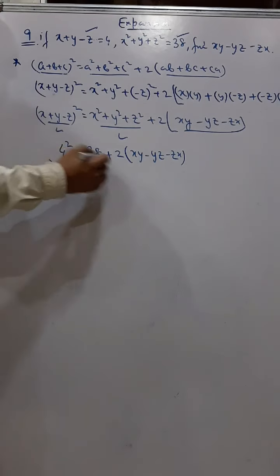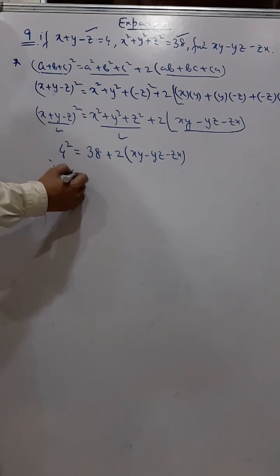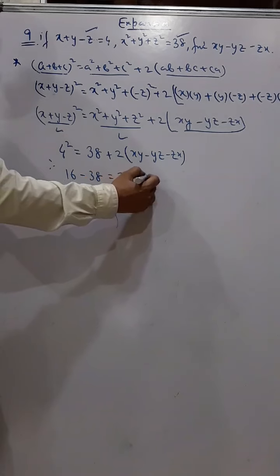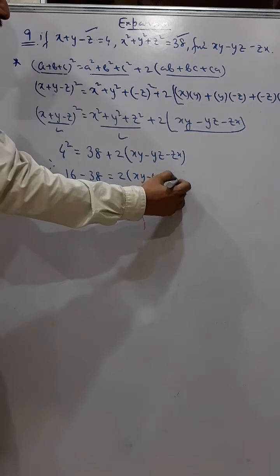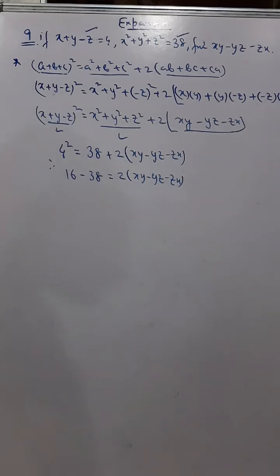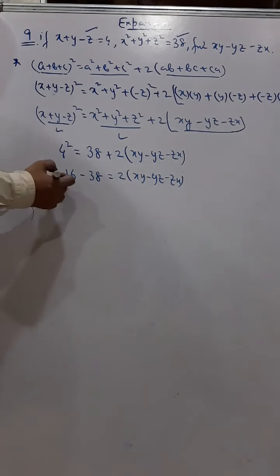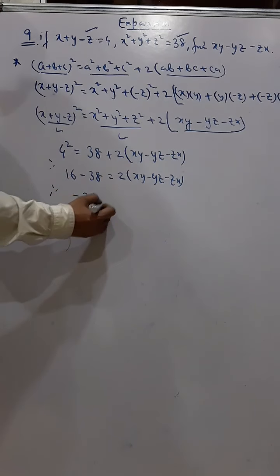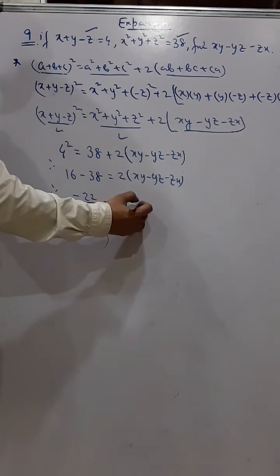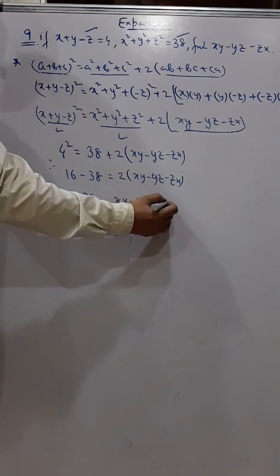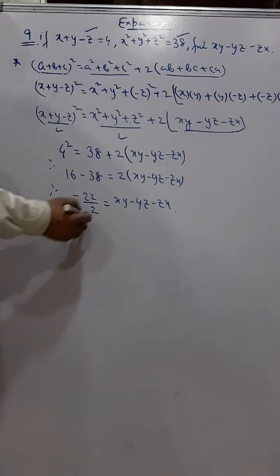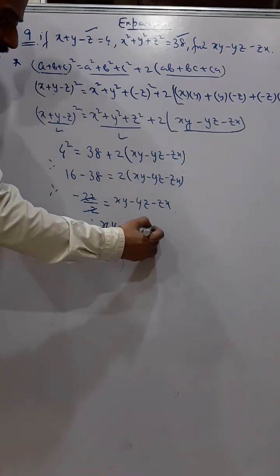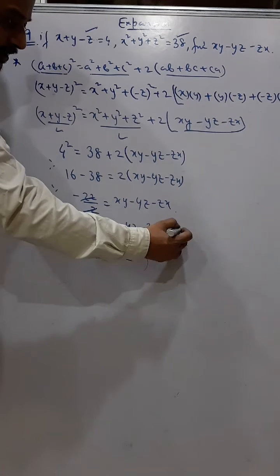Then I got 16 minus 38 is equal to 2 into xy minus yz minus zx. Okay, and then 16 minus 38, I get minus 22, by 2 is equal to xy minus yz minus zx. So finally I got xy minus yz minus zx is equal to minus 11.